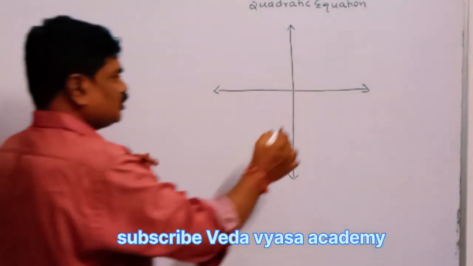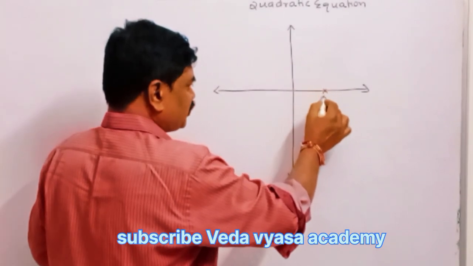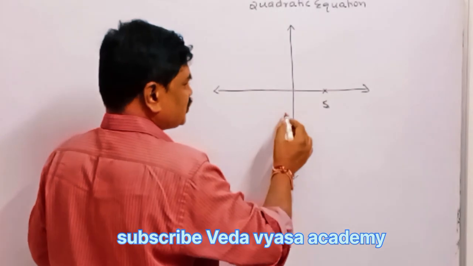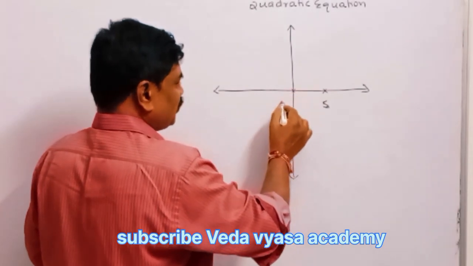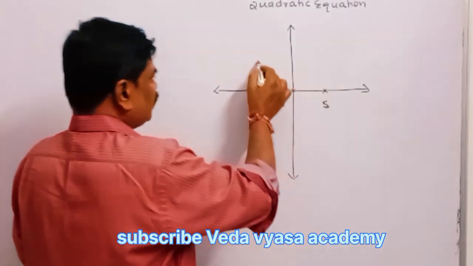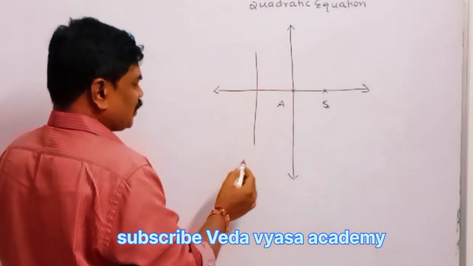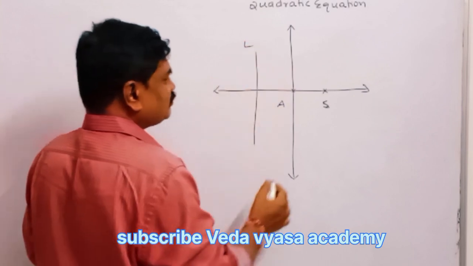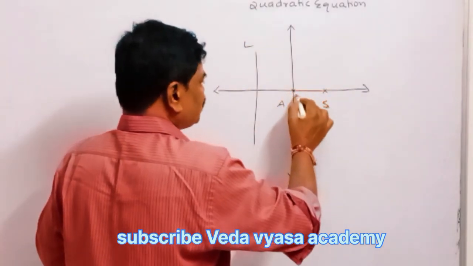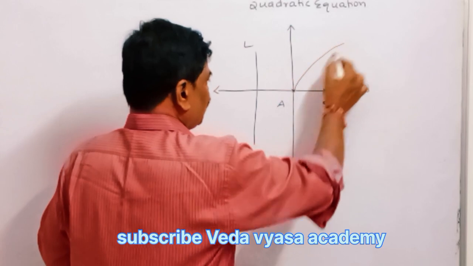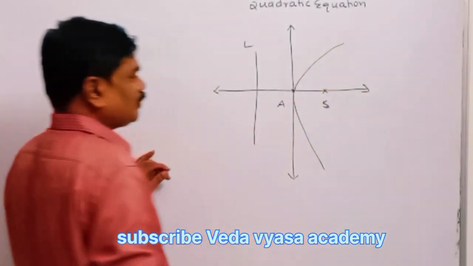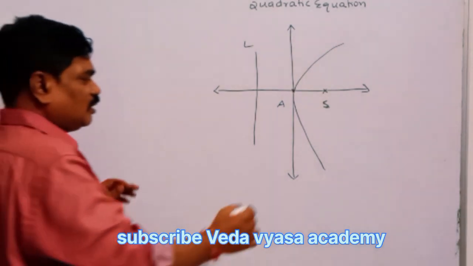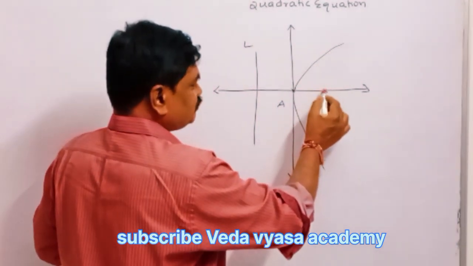This is the standard parabola: the focus S, the point A, and this is the line L, and this is the parabolic curve.